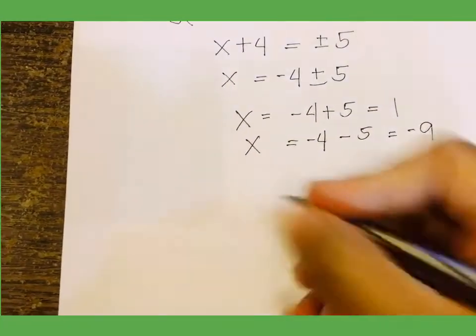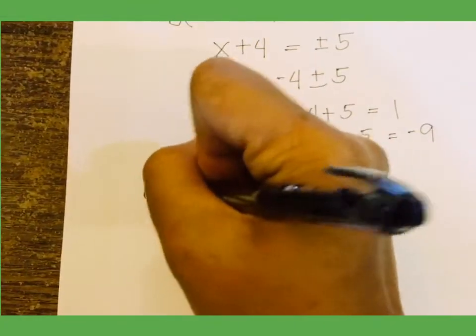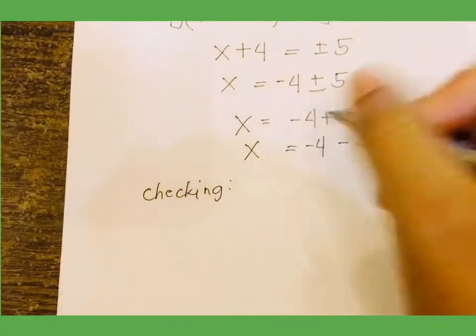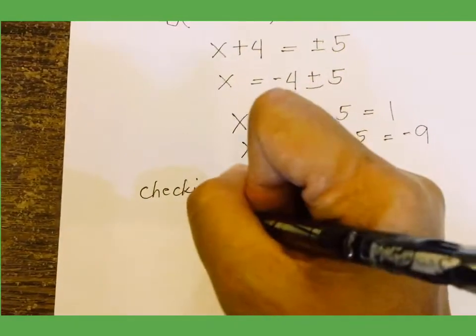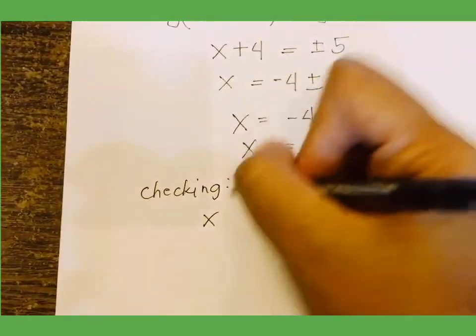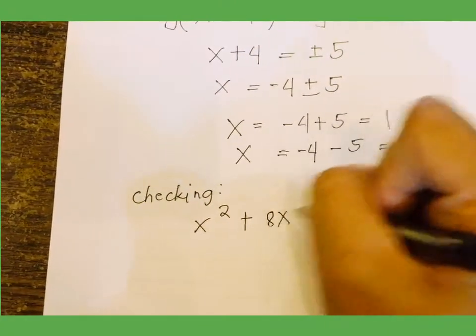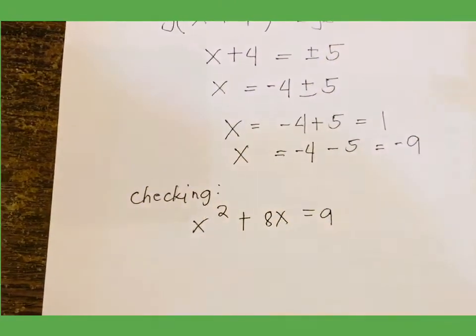What are we going to do? Let's check. What is our original equation? That's x squared plus 8x equals 9.